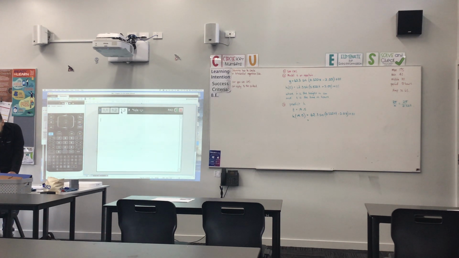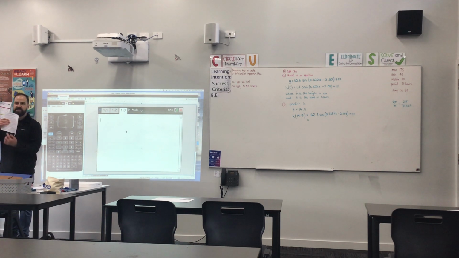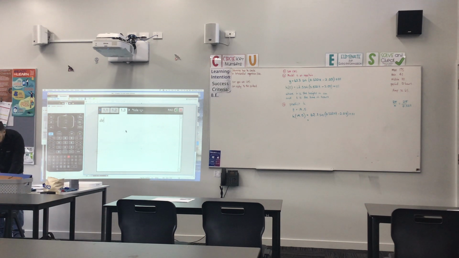But what I like to do with these questions is we've got an equation and we can assume that we're going to use that equation more than once. So I'm actually going to start by going define, and then I'm going to define h of t equal to 62.3 sine 0.522 t minus 2.09 plus 111.